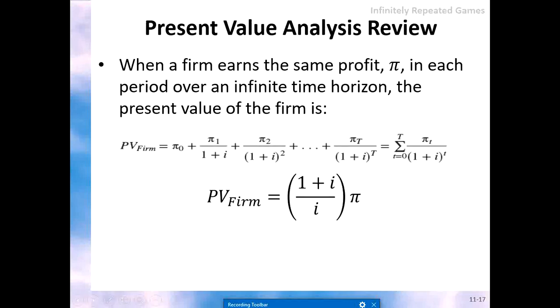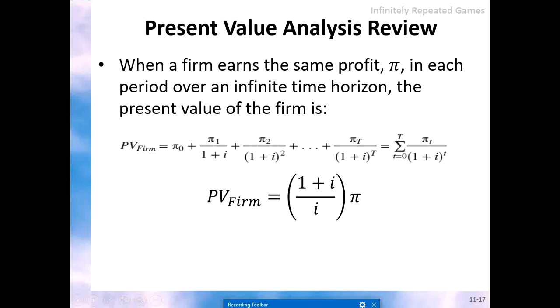So here we come again to the first topic, which is the present value analysis. When a firm earns the same profit pi in each period over an infinite time horizon, the firm's present value will be PV of the firm equals pi 0 for this year, plus pi 1 divided by 1 plus i for next year, plus pi 2 divided by (1 plus i) to the power 2 in the second year, plus pi t divided by (1 plus i) to the power t at time t.